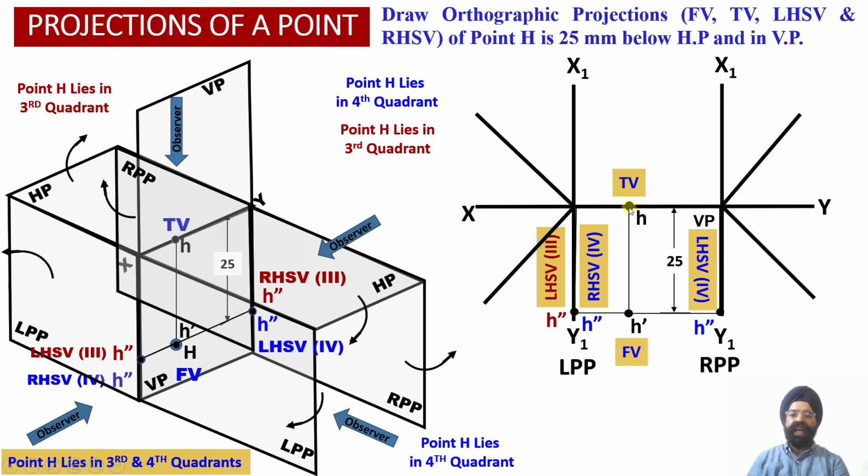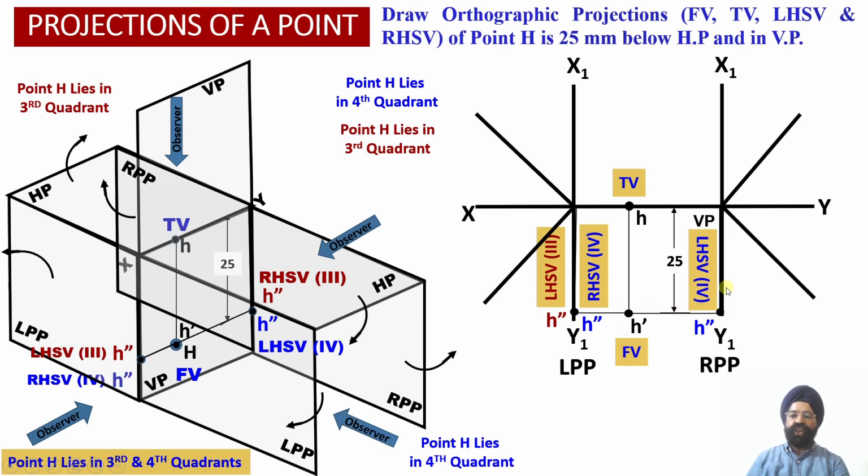So now let us draw the horizontal projector from the point H onto the right profile plane, indicating the distance of this point from the vertical plane, which is 0. Wherever this horizontal projector line intersects with the transfer line, from this point we are going to obtain the vertical projector line. We can see this is a vertical projector line, and it should be extended into the right profile plane up to the point where it intersects with this horizontal projector line obtained through the point H dash over here.